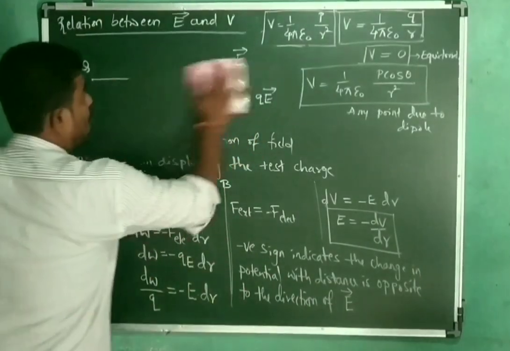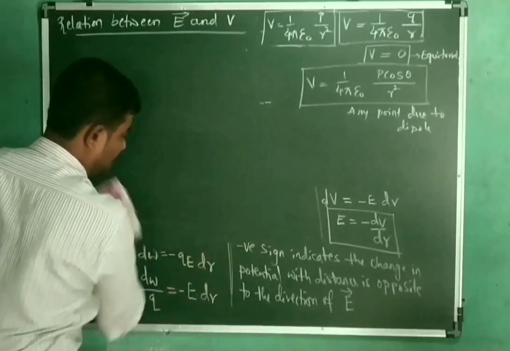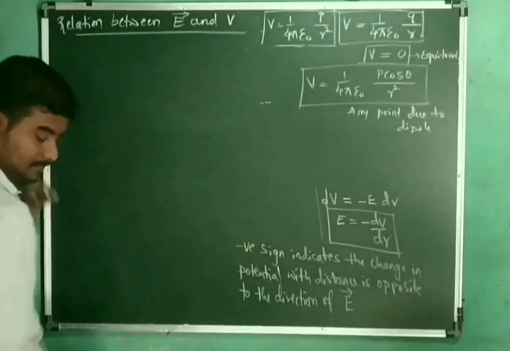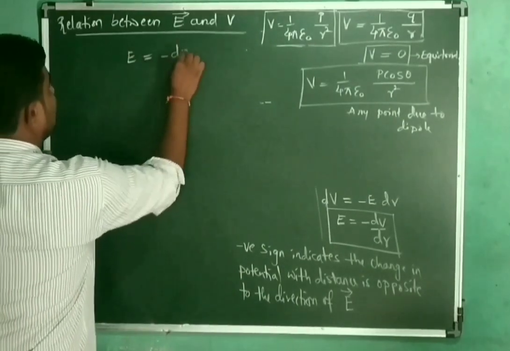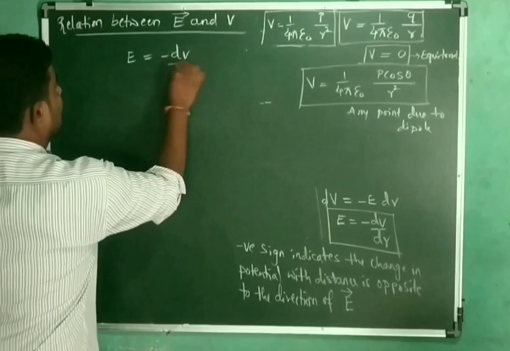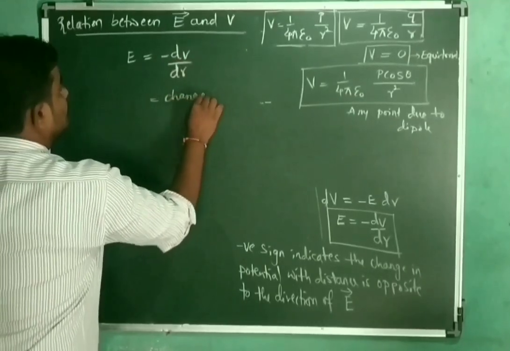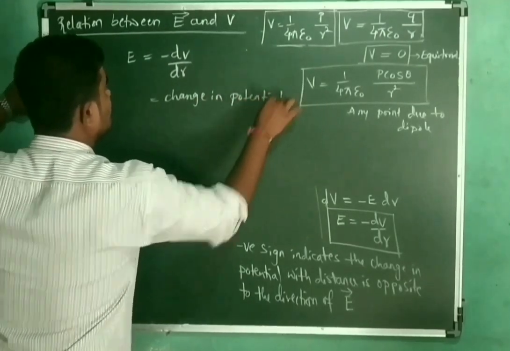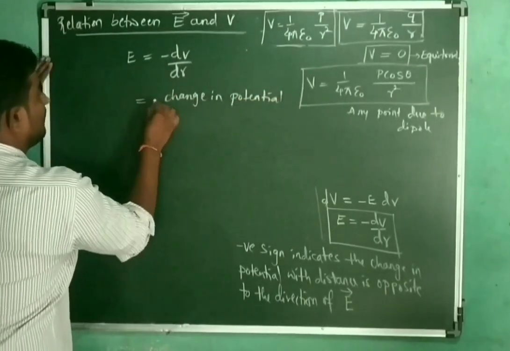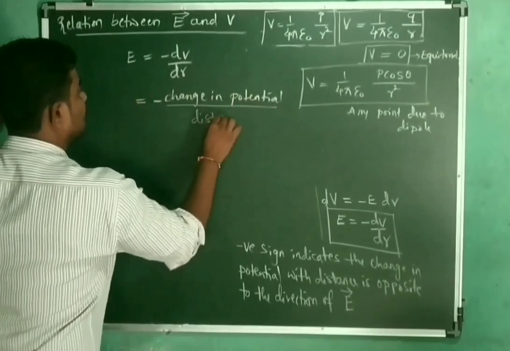So some important points regarding this derivation. See here, E is equal to minus dV divided by dr. dV is what? Change in potential. Negative sign is there, therefore I will write negative sign, divided by dr. dr is what? Distance.